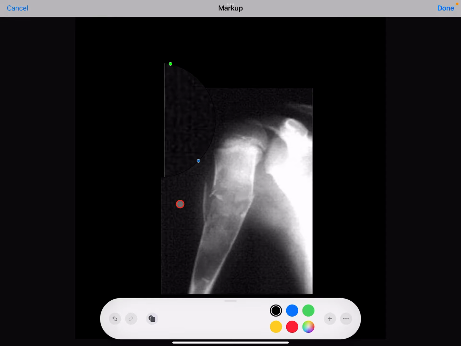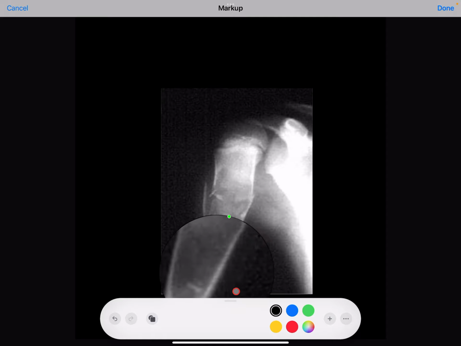This is another case. This is an X-ray of the right humerus, frontal projection, of a skeletally immature, young patient. Here you can see an expansile lytic lesion involving the metadiaphyseal region.